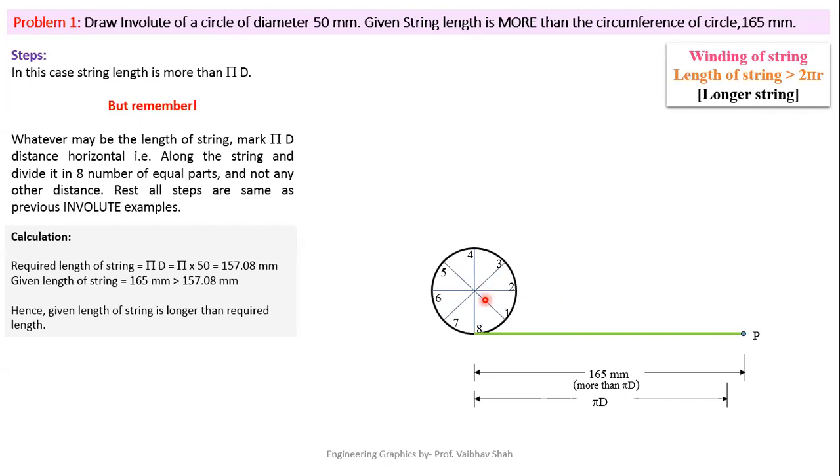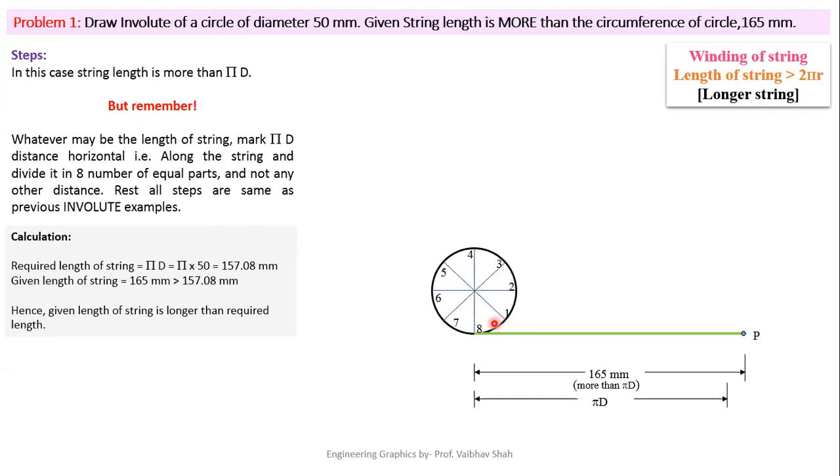So here we'll give a numbering pattern to this circle. Now this starting point would always be your point 0. And now we are winding this string over this circle. That means when we start winding this string over this circle in anti-clockwise direction, the first portion of string will come in contact with this portion of the circle. That means this portion is known as point number 1 because it is first in contact with your circle.